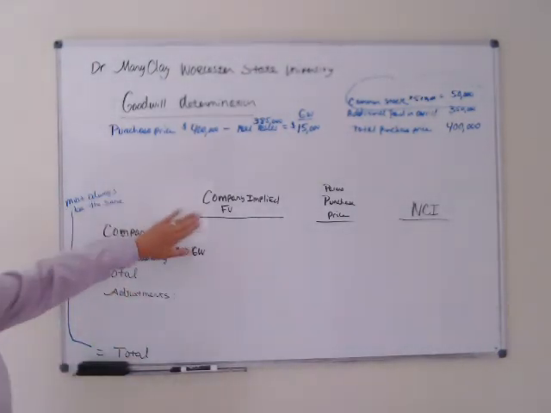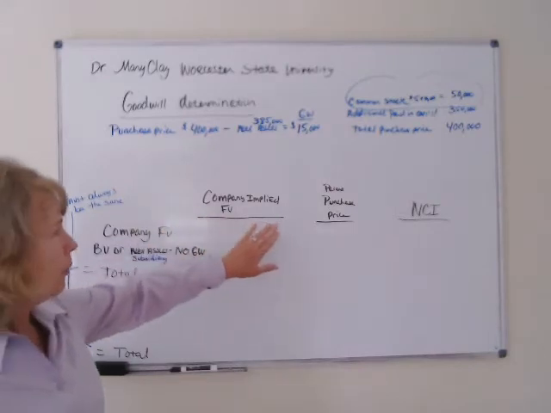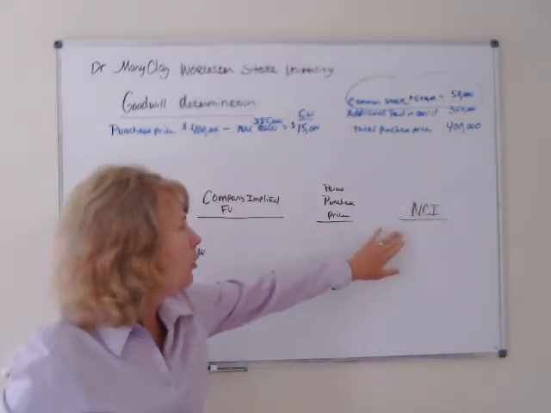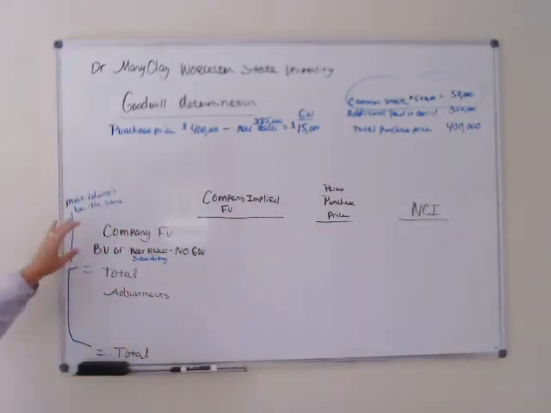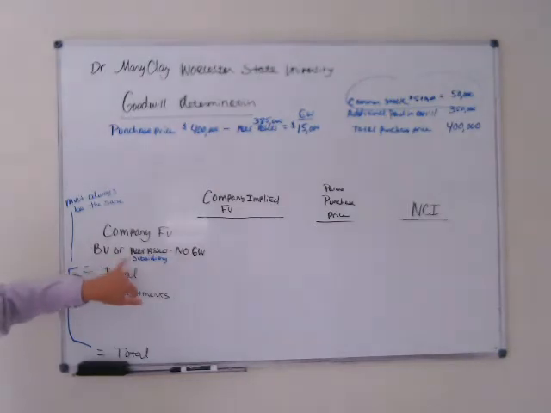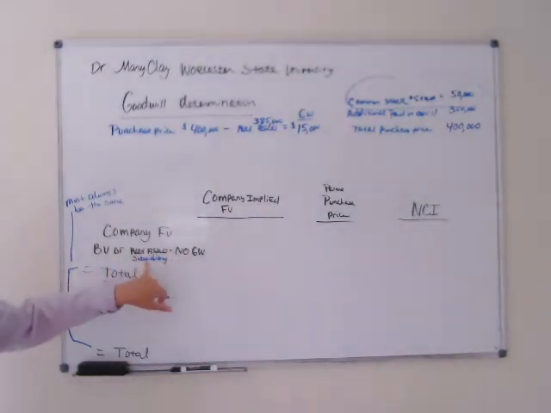You're going to have company implied fair value, the parent purchase price, non-controlling interest. Over to the far left, you're going to have company fair value. You'll have book value of the net assets. No goodwill in this number, and this is the subsidiary. This will equal your total.